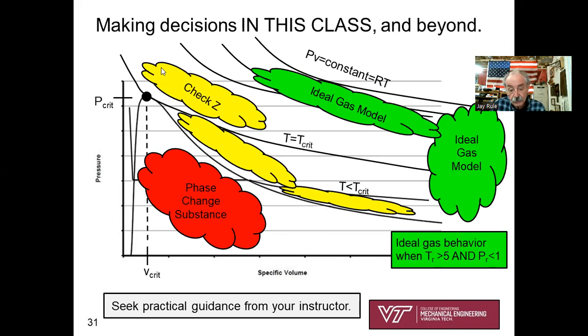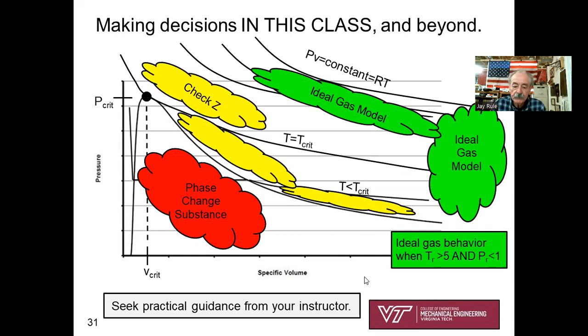When you're close to the dome, when you're perilously close to this dome, you must check Z. Numerically check Z. Okay. When are you in the green? Well, you're in the green when, and I've made a little note, when T sub R is greater than 5 and P sub R is less than 1, you're very well able to model that state as an ideal gas.